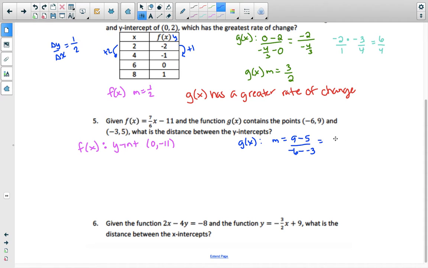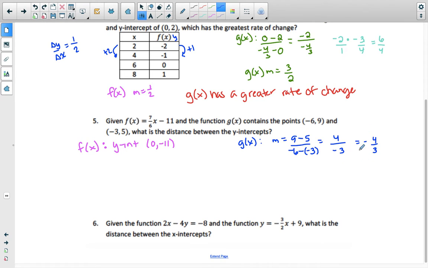So we have 9 minus 5 is +4, divided by -6 minus a -3, which becomes -6 plus 3, which becomes -3. So our slope is -4/3.